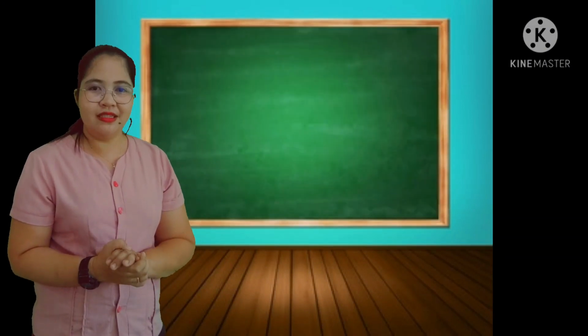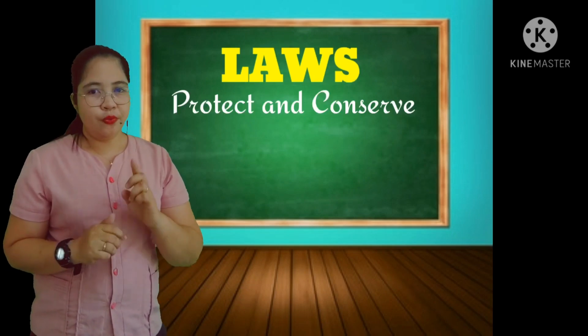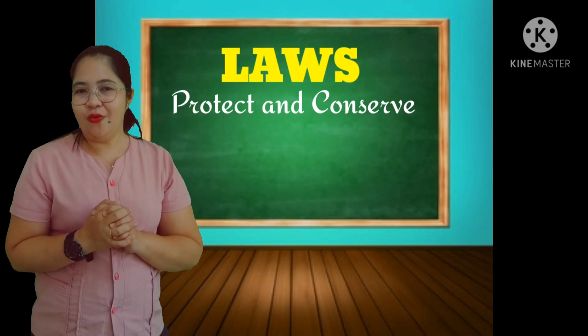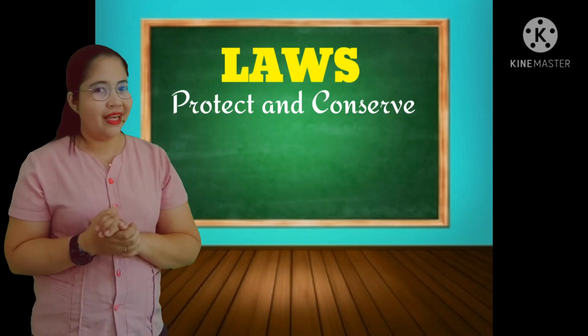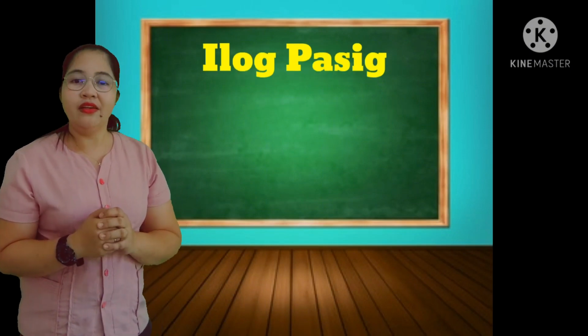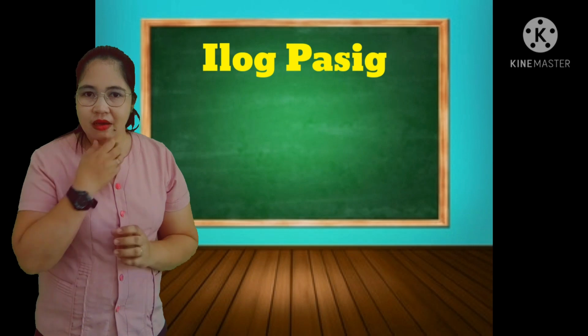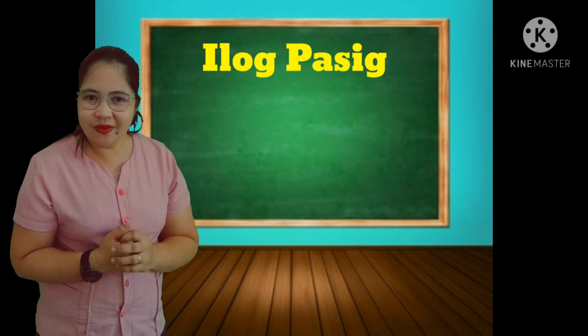Did you know, class, that we have so many laws made by the government to protect and conserve our nature, especially the bodies of water with estuaries and intertidal zone. To protect and restore the Ilog Pasig, the government created Executive Order number 54.